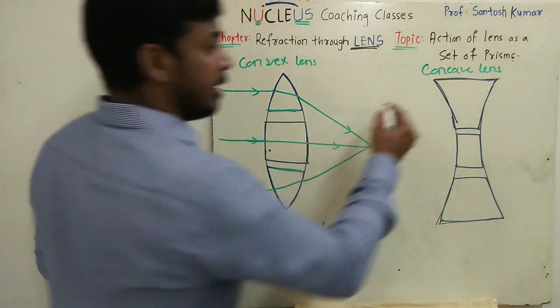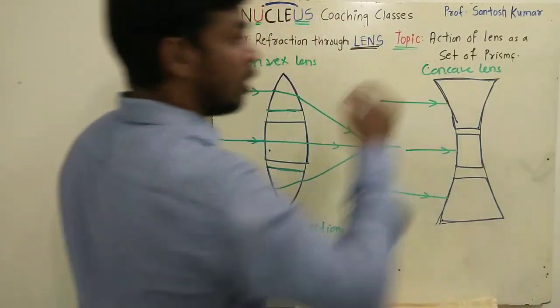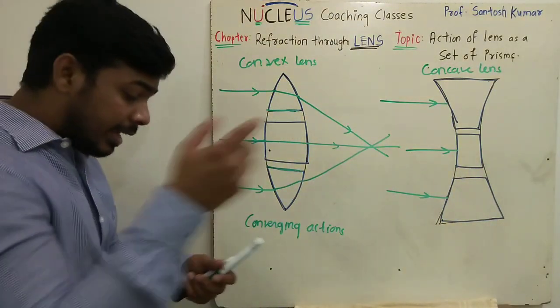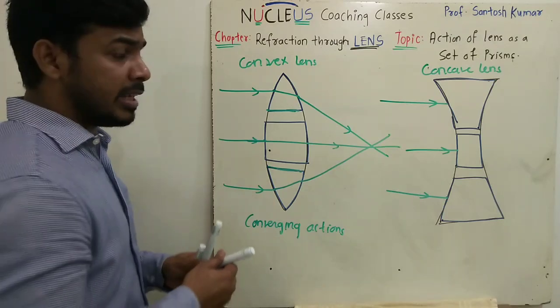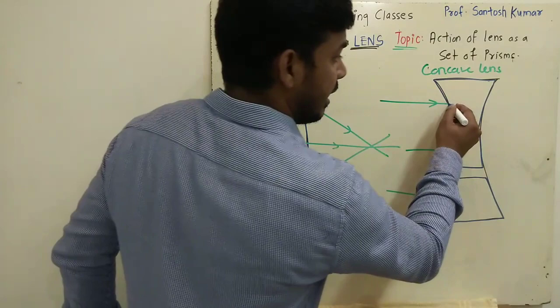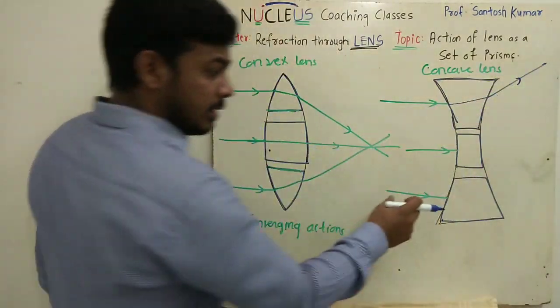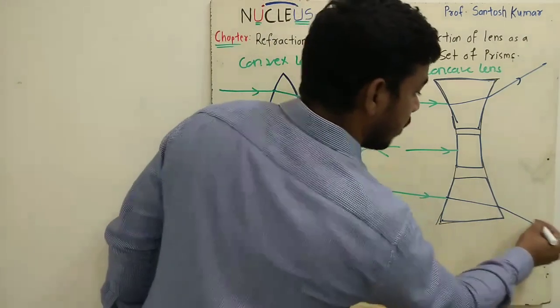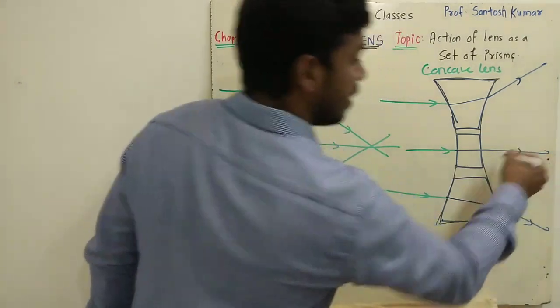In the same way, if I talk about three rays which are incident on a concave lens, again using the theory of refraction of light through prism, we can say this ray will definitely bend towards the base of the prism which is above, this ray will travel towards the base of the prism which is below, and this ray will definitely travel undeviated.